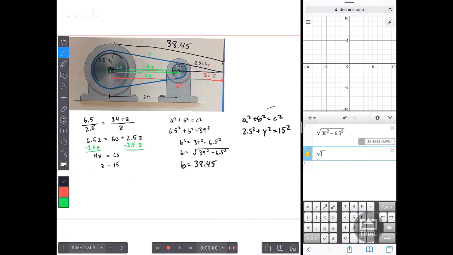Square root of 15 squared minus 2.5 squared. 14.79.